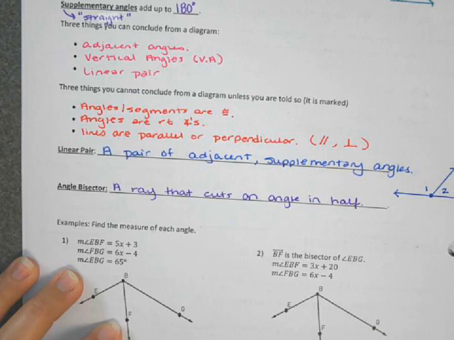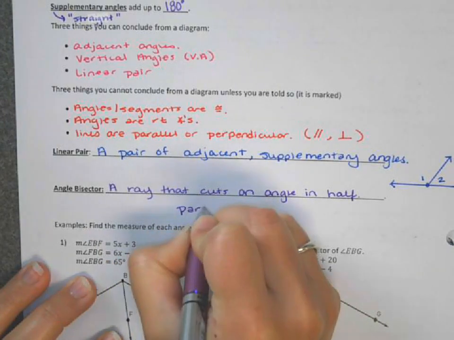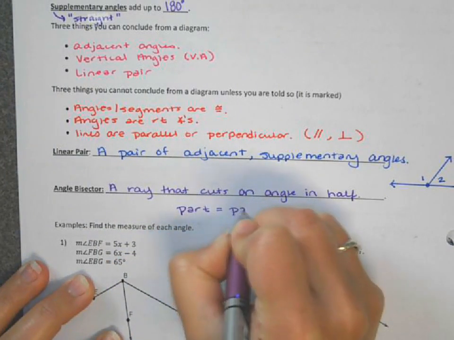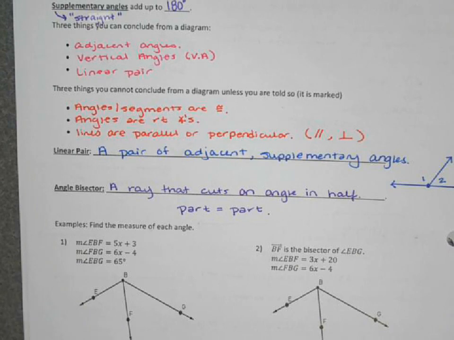If you have a ray that cuts an angle in half, then that means that you'll have a part equals a part. This was kind of like the segment midpoint, the 1.3. When you had a midpoint, it cuts the segment in half. An angle bisector cuts an angle in half, so each part is going to be the same size. Each part will be congruent, or the same size.